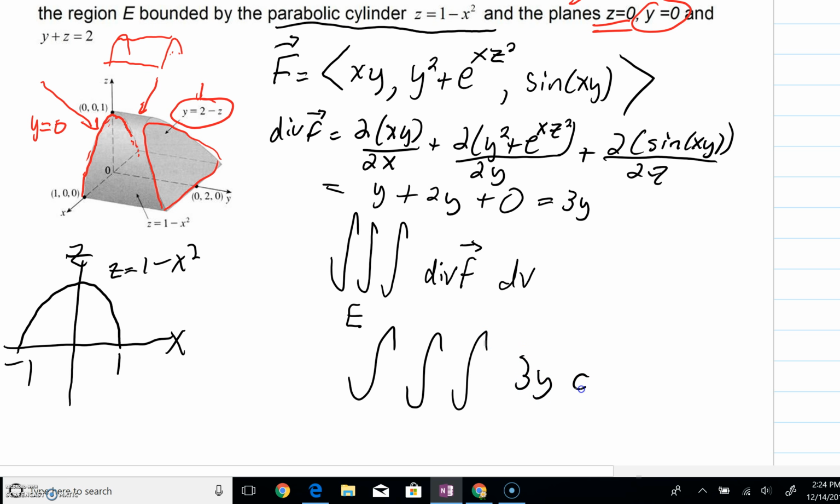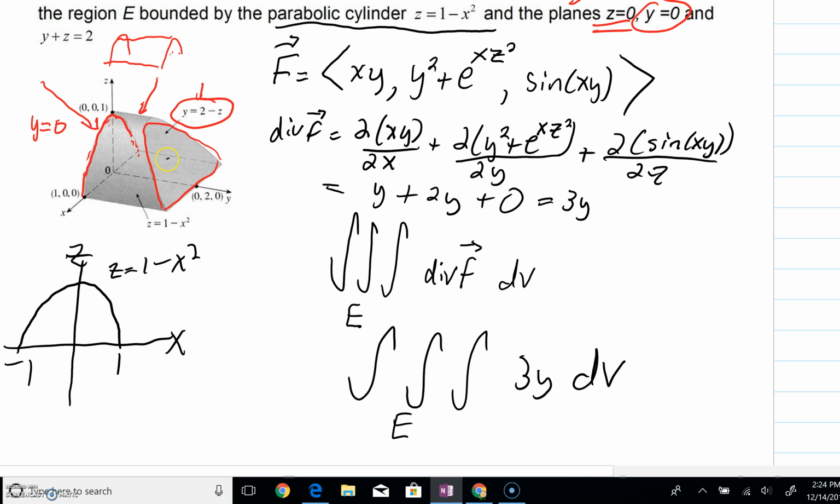we're now saying, hey, can we break this integral down like we did in chapter 15? Here's our integrand of 3y. Let's look at our solid. And remember, there were three types of solids. There was a type 1 where z had boundaries. There was a type 2 where x had definite boundaries.